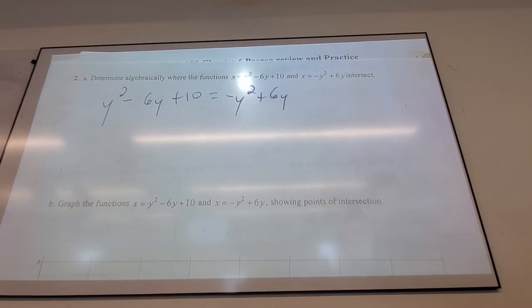If it has a power that's not one, I get everything on one side equal to 0 and try to factor it. That's what you always do. It's what we did on the last problem. Why? Because I have a cube and a couple of things with squares on them. I'm hoping they'll cancel, but I see they won't. So I get everything on one side equal to 0. That's the only way factoring will help me.